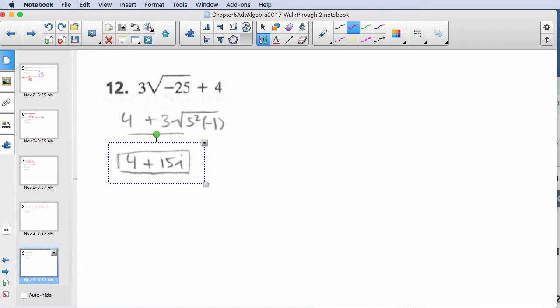And then she recognized that the negative 1 would turn into an i. In class, we presented it more like this, where we rearranged and wrote out each square root separately. So we're going to have 4 plus 3 times the square root of 25 times the square root of negative 1. So that's going to give us 4 plus 3 times, square root of 25 becomes 5, and the square root of negative 1 becomes i. And so that's going to be 4 plus 3 times 5, or 15i.